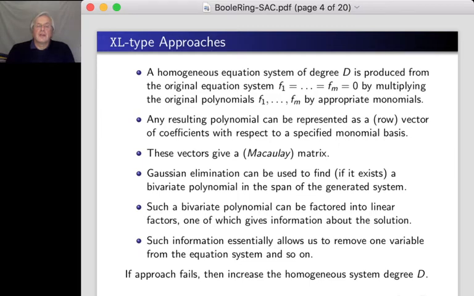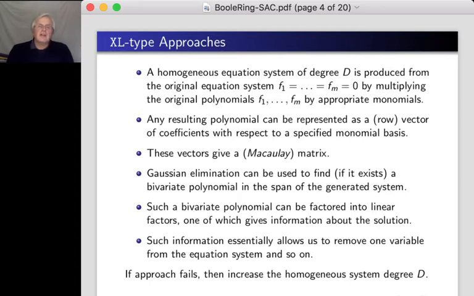Okay, so to take a step back, the typical approach that is used for solving equation systems over the polynomial ring, this slide is titled XL approaches. XL type approaches. These will also include Gröbner basis approaches, say with the lexicographic ordering, which are very similar.